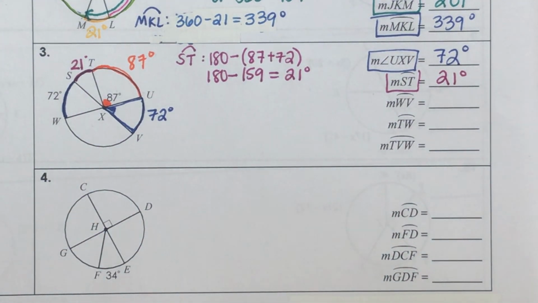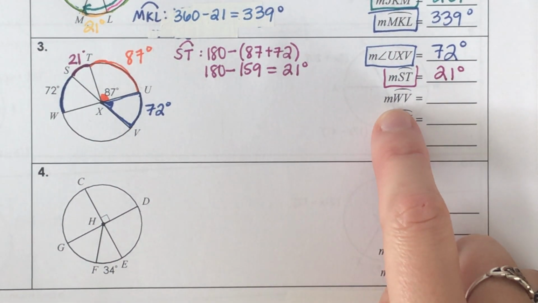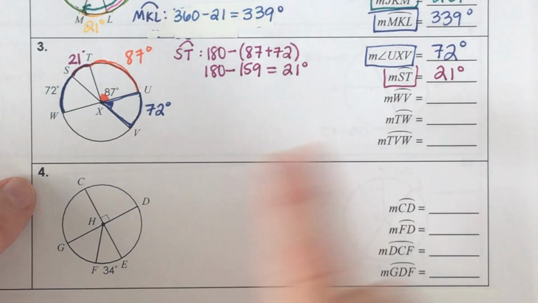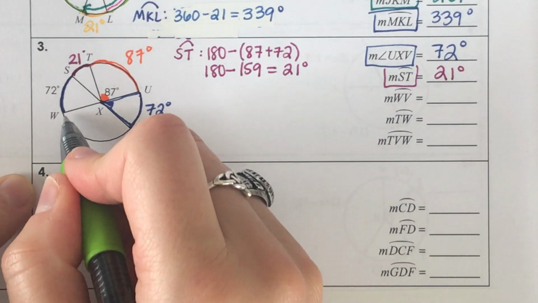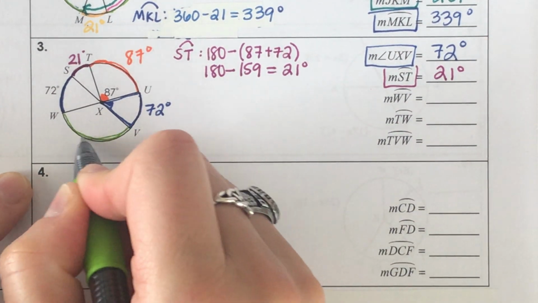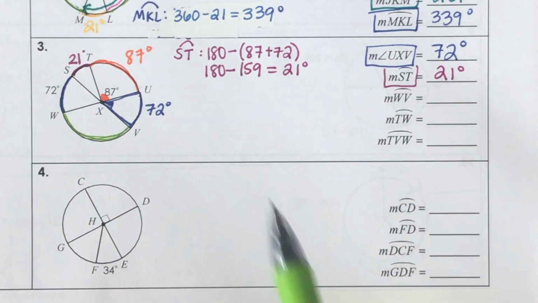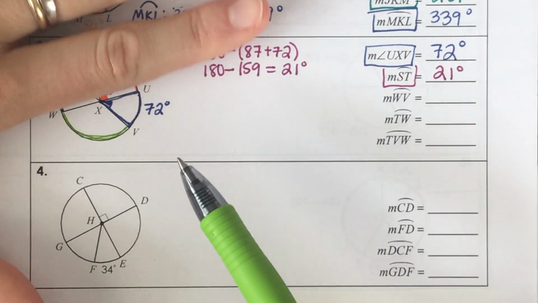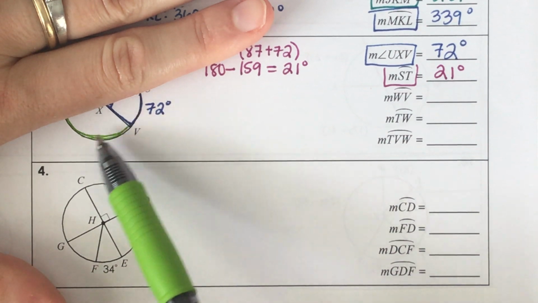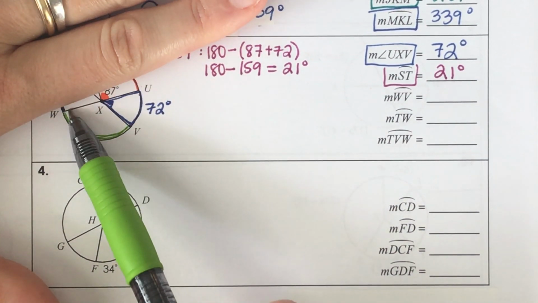Okay, next one, measure of arc WV. WV. So I want to know what this whole arc is right here. Now, this whole arc, I can see two pieces that add up to be 180 degrees.